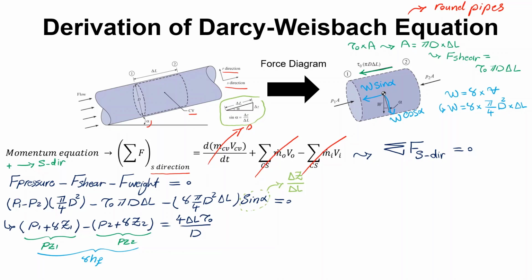So what I'm going to do right now is write the equation like this. So based on what we know over here, HF is equal to 4, instead of delta L, because that's the length of the cylinder, I'm just going to write L, and then tau sub 0 over d gamma.